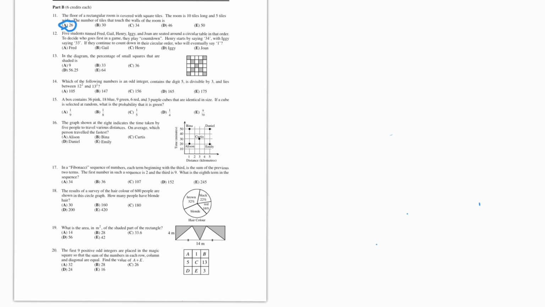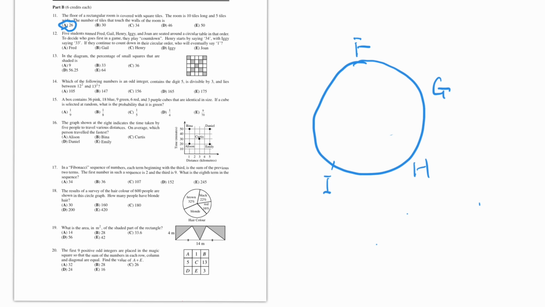First, let's draw the circle. Fred, Gail, Henry, Iggy, and John.